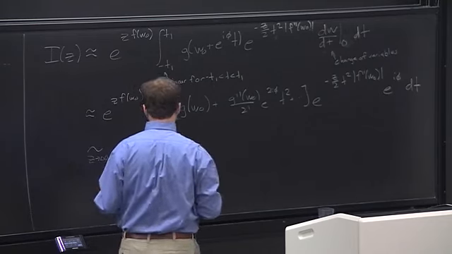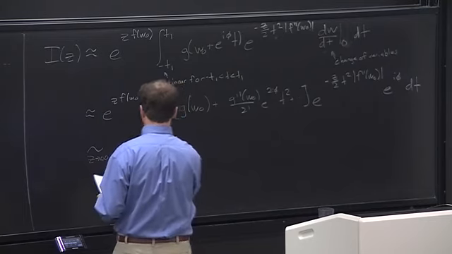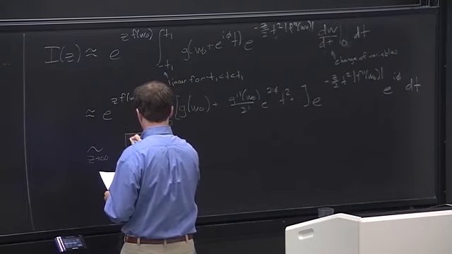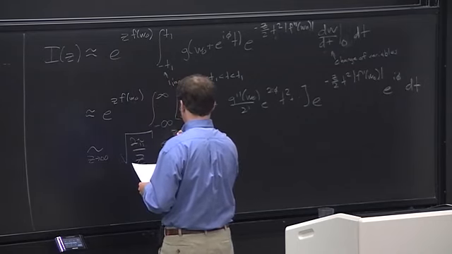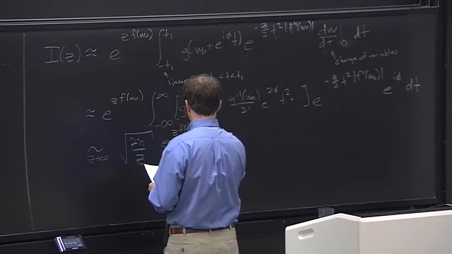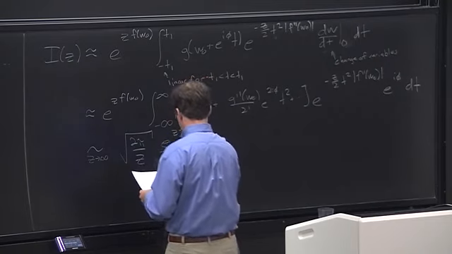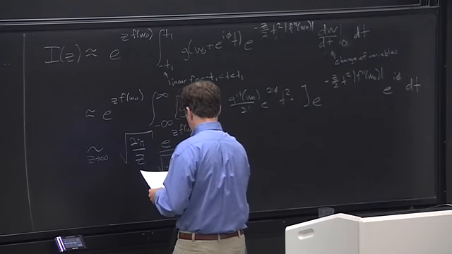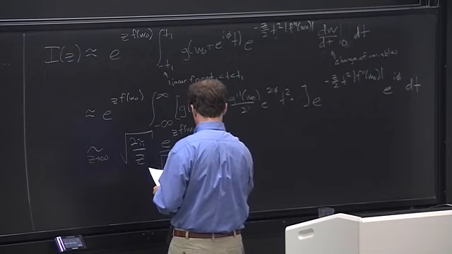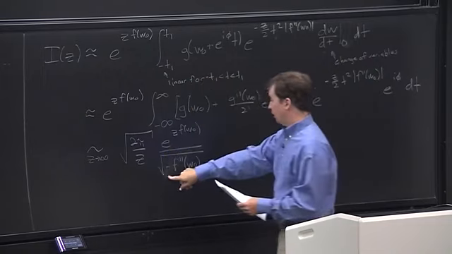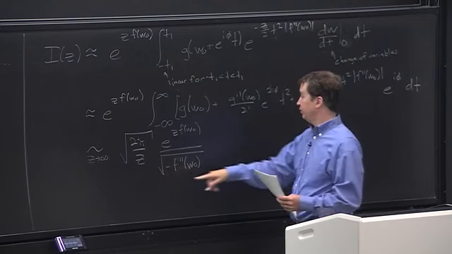And so we get, as our final result, an asymptotic series, valid as z goes to infinity. Our first term just gives us 2π over z, e^{z f_0}. And over here, in the denominator, we get minus f double prime with no absolute value.